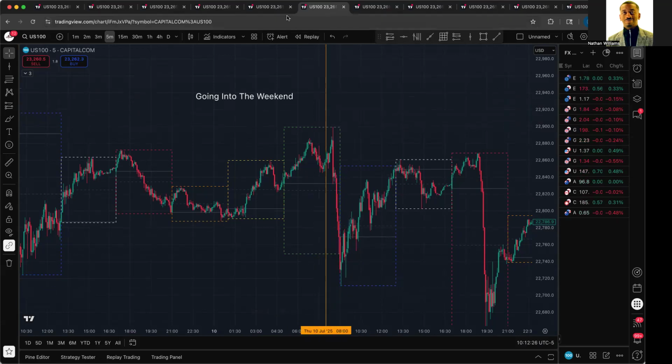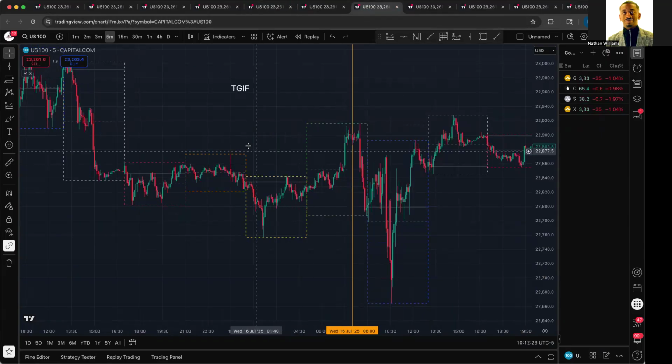Now, coming back to the thank God it's Friday trade, TGIF. You can see we had Thursday going to Friday, so this is a going into the weekend trade. But you can also see that on Friday we had a sharp reversal.